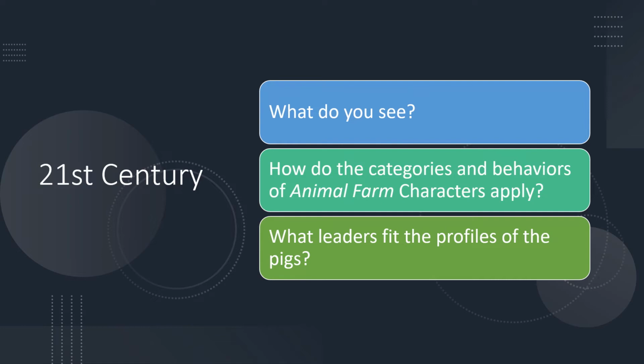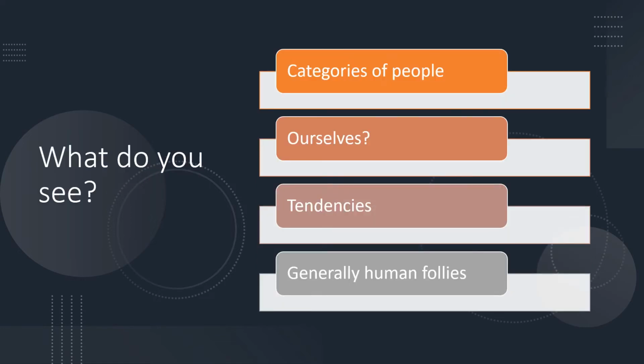What leaders of organizations, institutions, governments fit the profiles of the pigs? And what other categories of people do you see in the work? Do we see ourselves, our own tendencies and general human follies? I'd like to suggest that yes, we do.